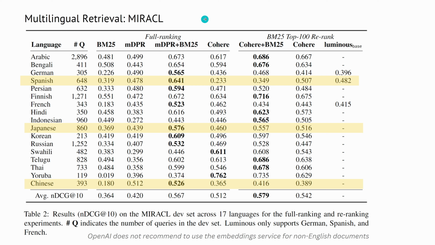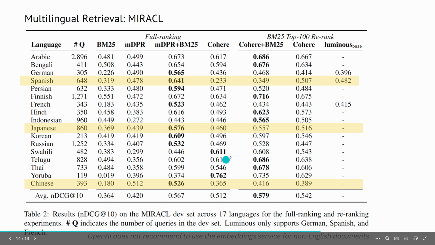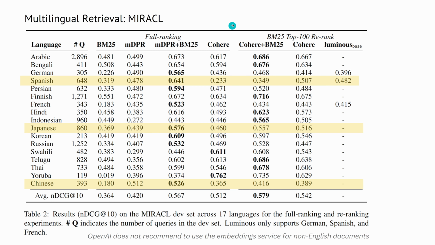Now have a look at the results for all the languages listed here by the authors of the paper. As I told you, OpenAI does not recommend embeddings for non-English, so you have no OpenAI here if you are a non-English speaker. What we have here are Cohere and Luminous, but for Luminous we have only German, Spanish, and French.